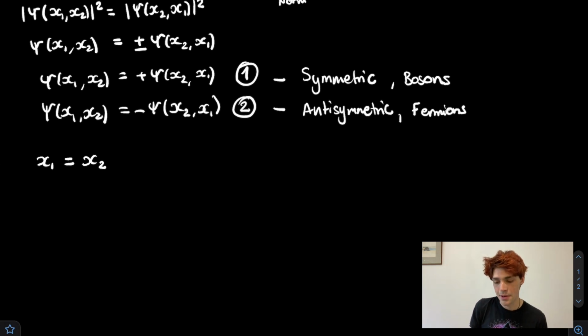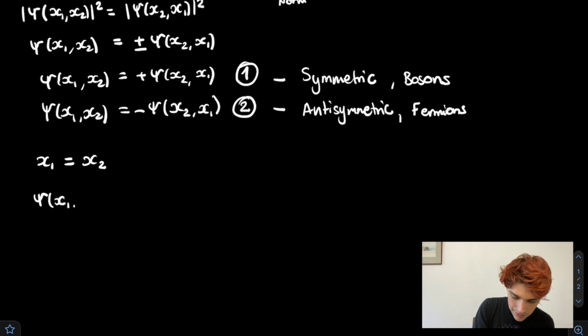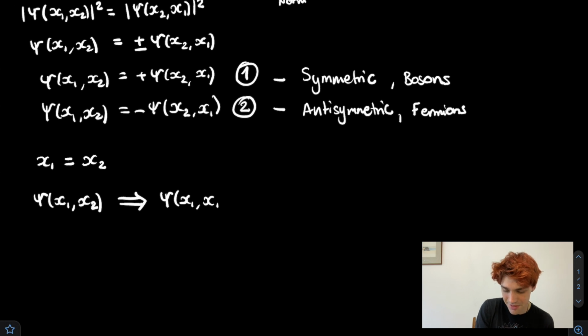Well, let's have a look at bosons. So let's substitute in our wave function, psi x1, x2. This is now going to become psi of x1, x1, so x2 is equal to x1. The wave function is going to become psi of x1 and x1. So what happens when we do a particle exchange?